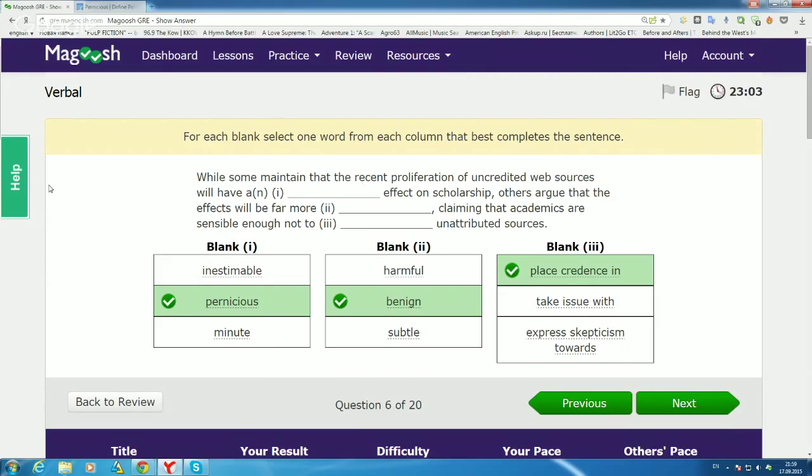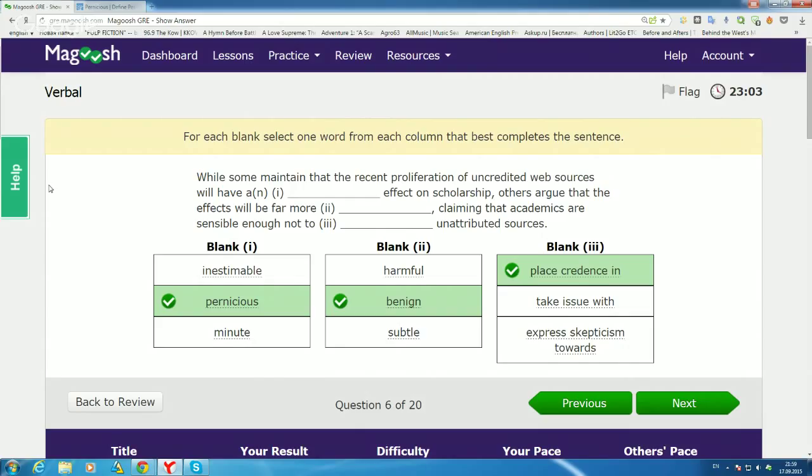So read your paragraph or read your sentence. While some maintain that the recent proliferation of uncredited web sources will have a pernicious effect on scholarship, others argue that the effects will be far more benign, claiming that academics are sensible enough not to place credence in unattributed sources. Nice.